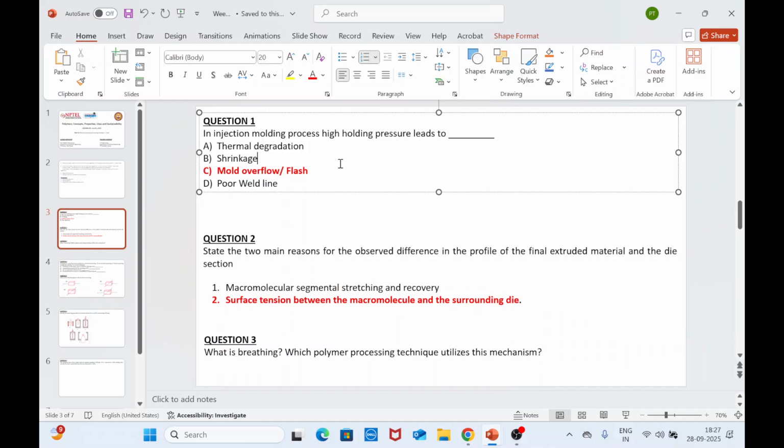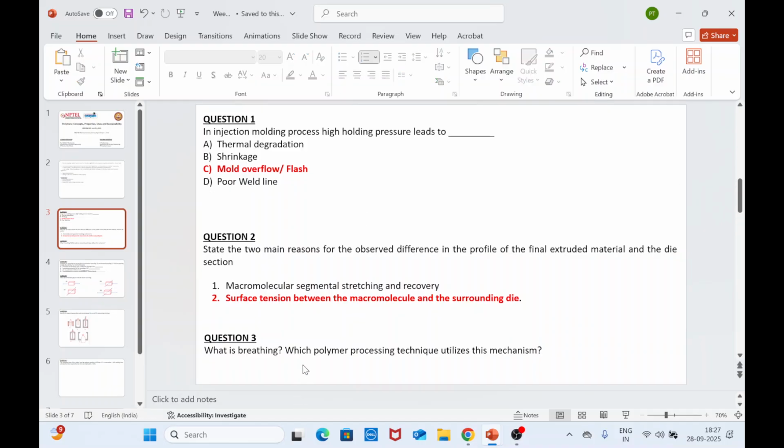Because of high viscosity, it will be difficult to fill the mold with the polymer solution, or you can say polymer melt. So in case of high holding pressure, it is the mold overflow.